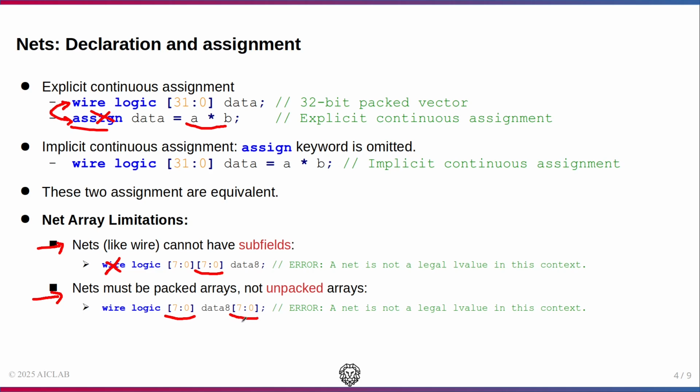This second 7 down to 0 makes the array unpacked, and an unpacked array is also not supported for nets in SystemVerilog, and as with the previous one you get the same error. Also, the solution to this problem is to remove the wire keyword to make data a variable.